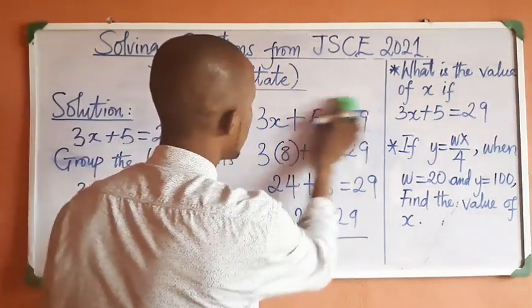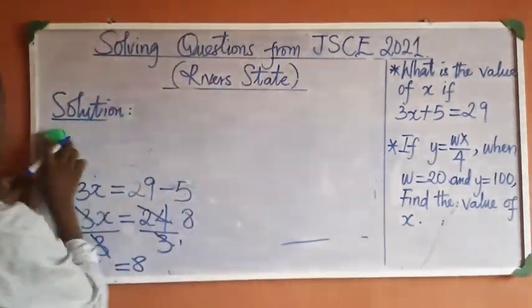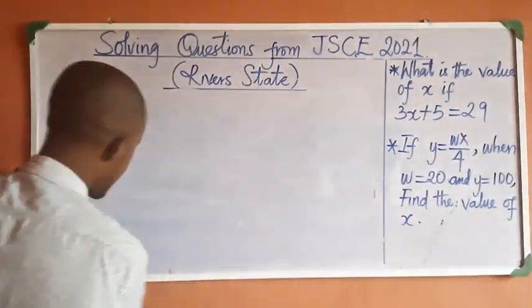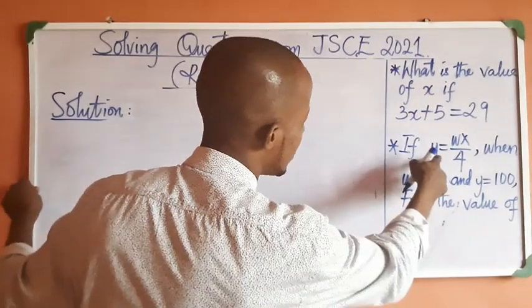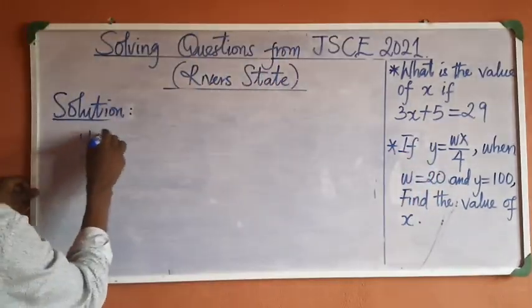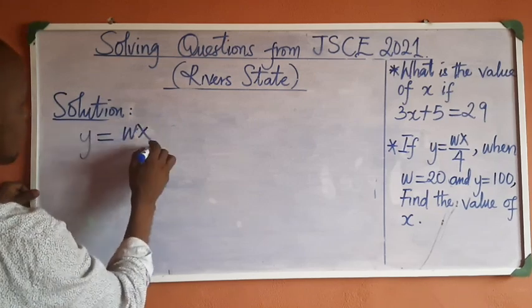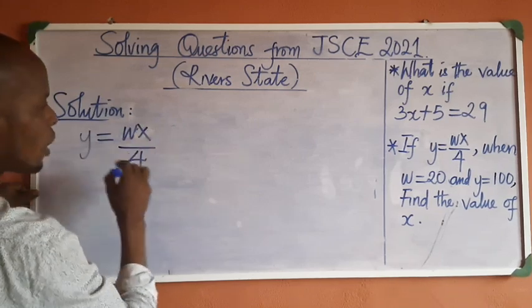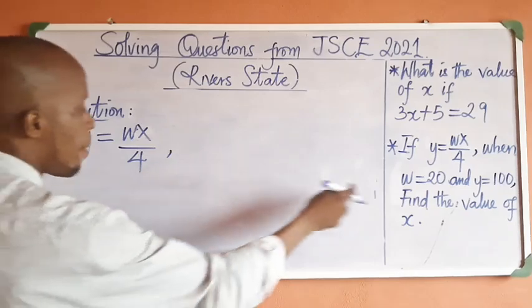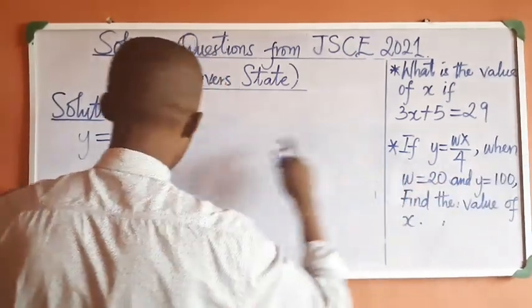Let's move straight to the second question because of our time. The second question says that if y equals wx all over 4, when we are giving parameters, okay?